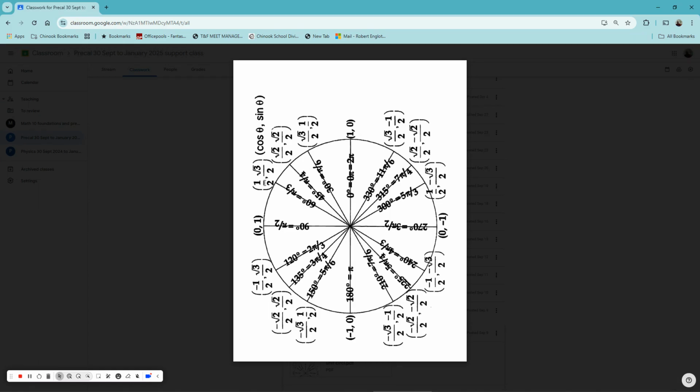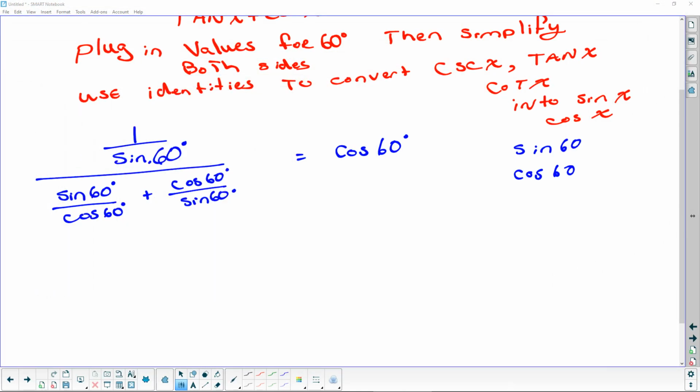So cosine is 1/2, and sine is root 3 over 2. Cosine's the first one, 1/2, and then sine is root 3 over 2. So our two values are 1/2 for cosine and root 3 over 2 for sine.